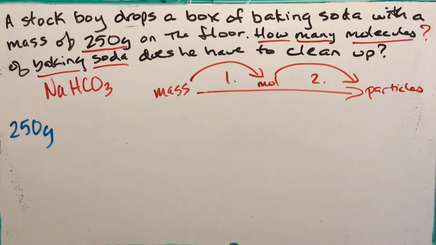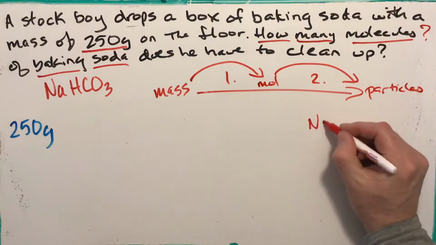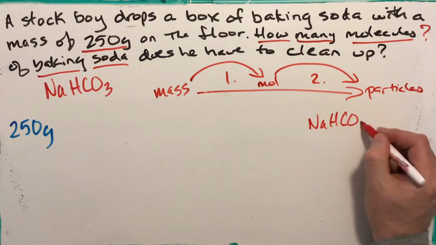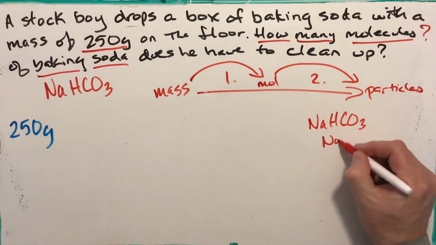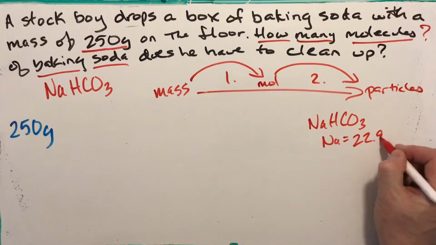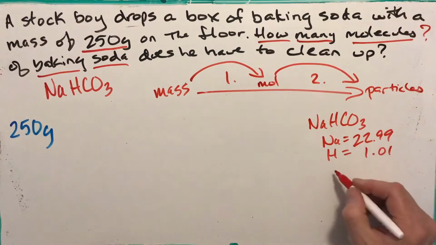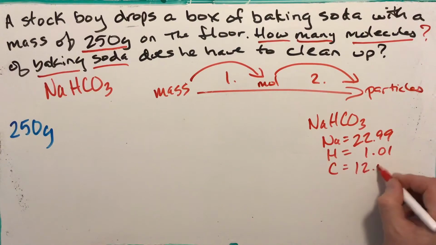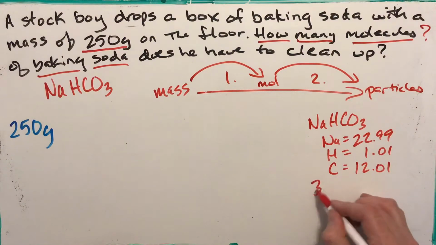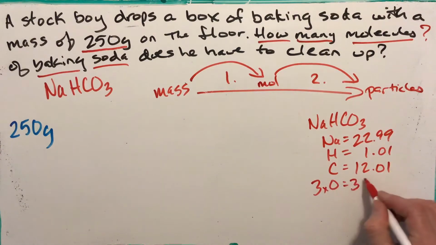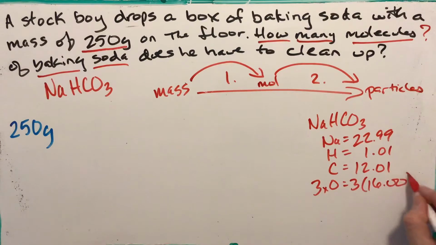So I'll do that very quickly off to the side here. All right, so let's do that. So I've got NaHCO3. Na is 22.99. H is equal to 1.01. Carbon, 12.01. And 3 times the oxygen, which is 3 times 16.